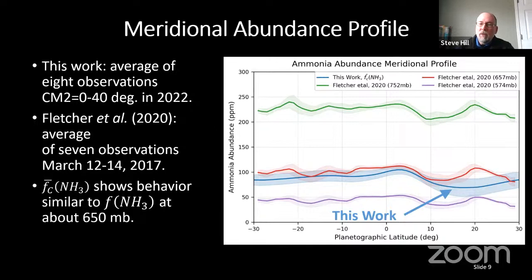We can see that both the average value and the contrast between the equatorial zone and the north equatorial belt are consistent with Fletcher's work. So our average in the blue and the values from about 650 millibars have a similar shape and similar values. So it says we're looking in about the right part of the atmosphere. So that's encouraging as well.